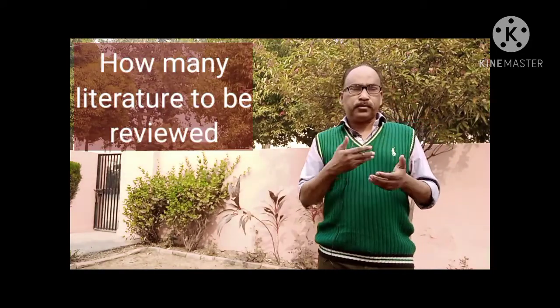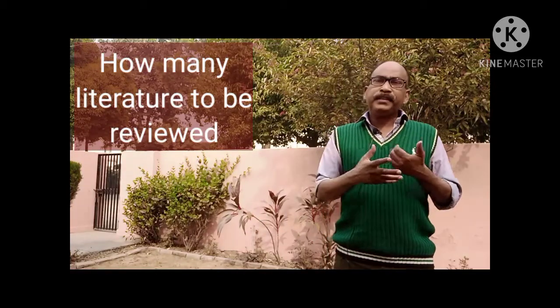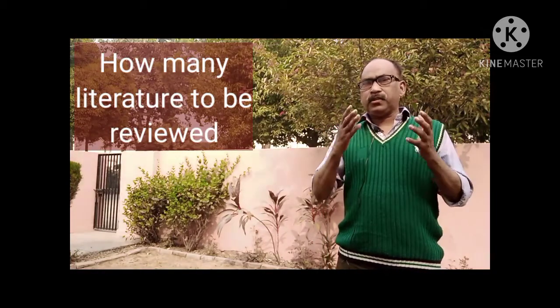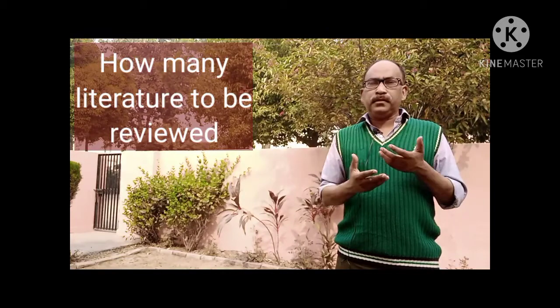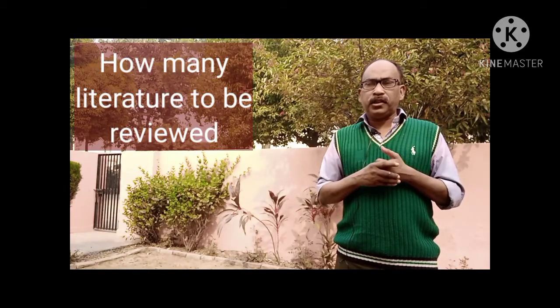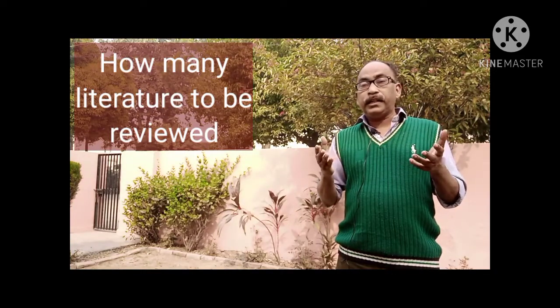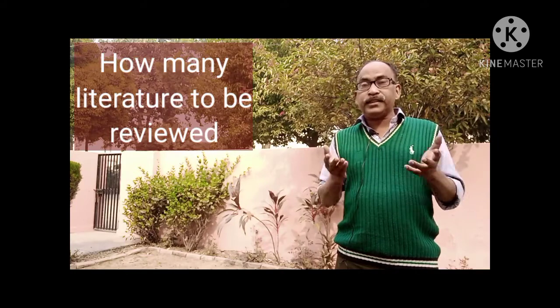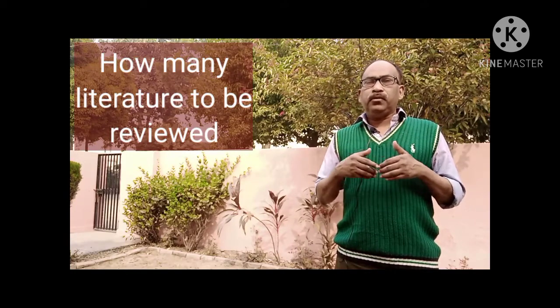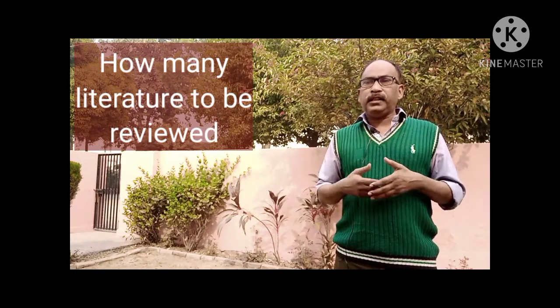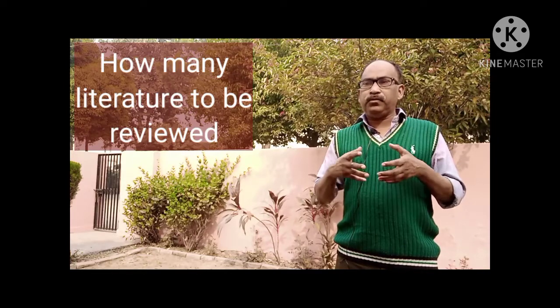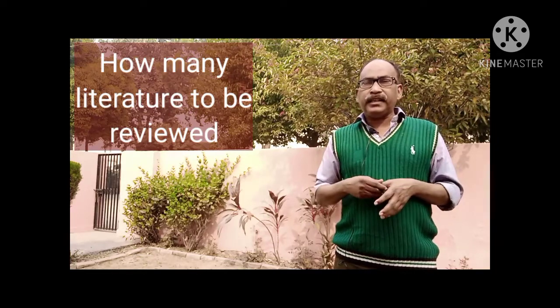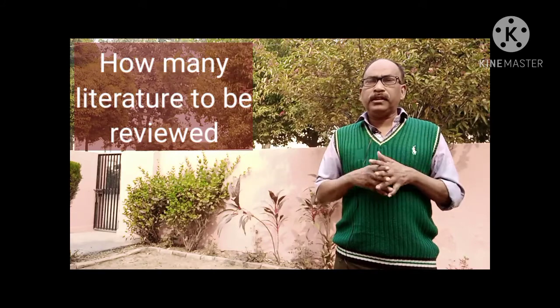A couple of things crop up in the student's mind. It all depends; even in 2 pages or 1.5 pages you may find 10 to 12 or 20 literature, depending upon your writing style, your narrative style, your vocabulary, your experience in writing.